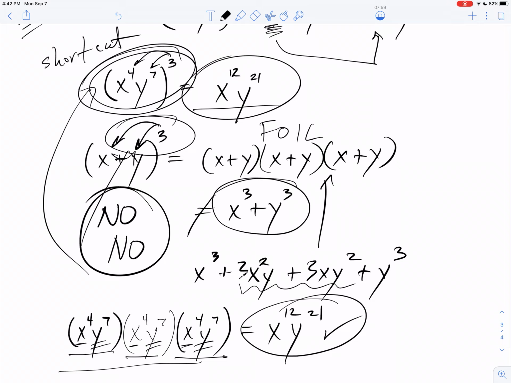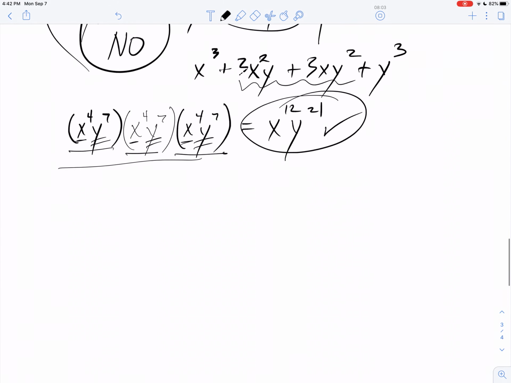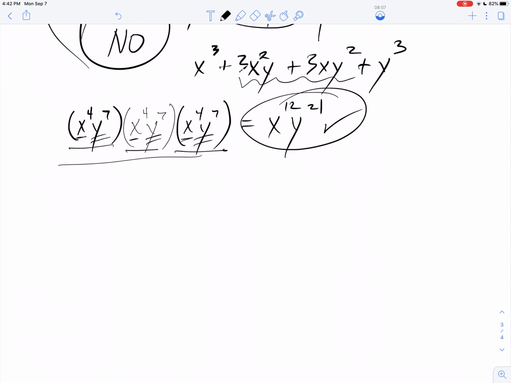There's no plus or minus sign between that stuff. You don't have to do the shortcut. You could write it out the long way every time and then just add their exponents. That's called the product rule. The product rule is when you add exponents.